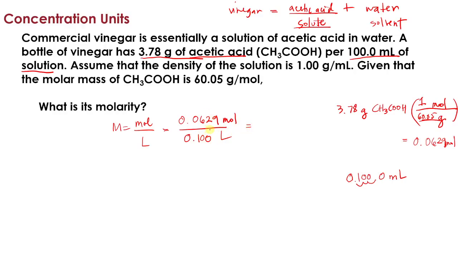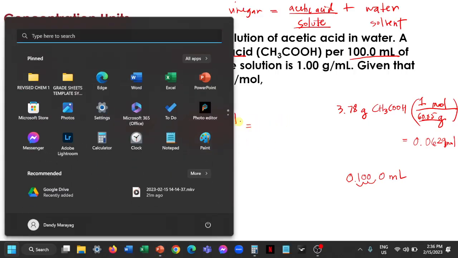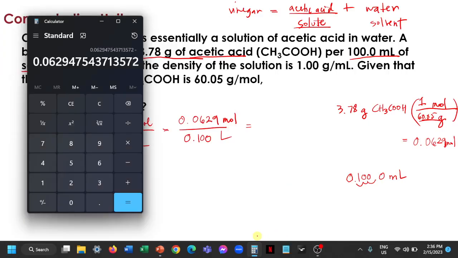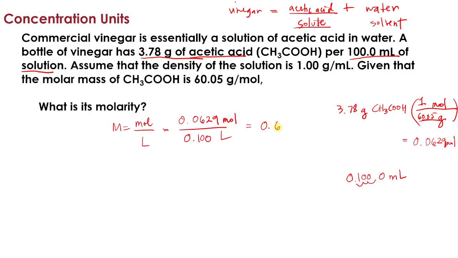After this, we have the number of moles over the volume in liters. Now we can solve for the molarity of the solution. That's 0.0629 divided by 0.100, which is equal to 0.629 moles per liter.